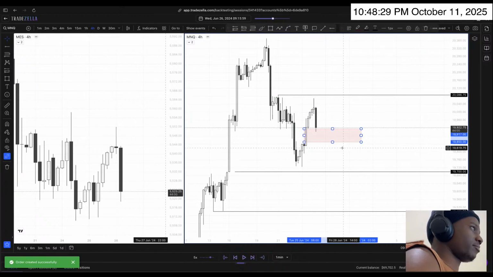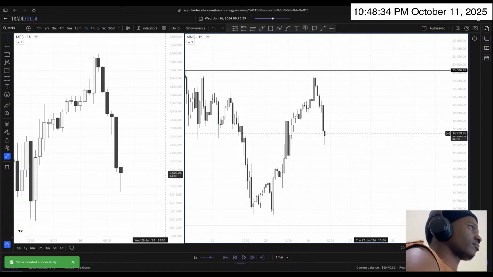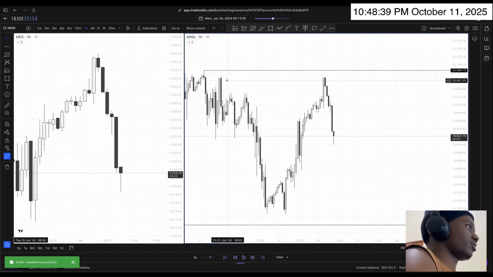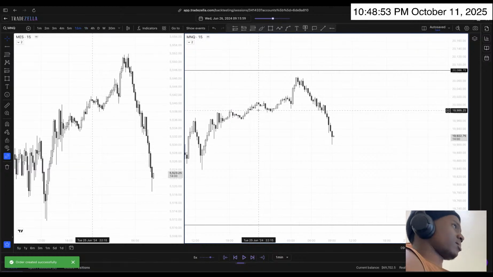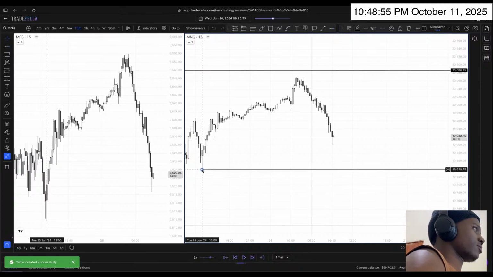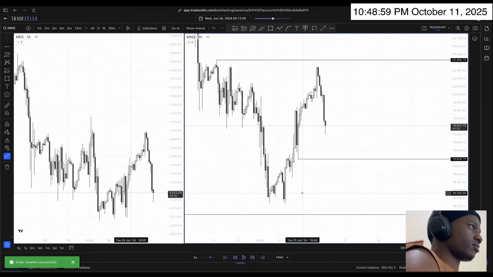For a big gap. No, the 1 hour doesn't have anything in particular, which means there is an SMT here. Some probable sign that we could drop. Now where is this? Sell side that could be taken. And there is more here close to our favorite gap.